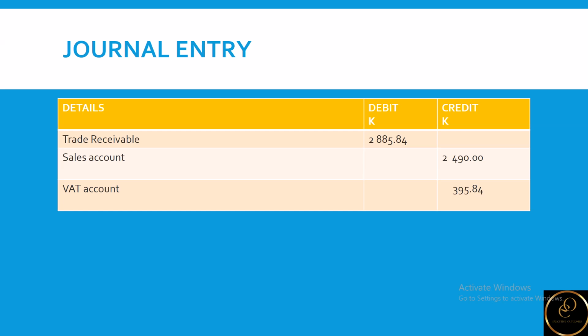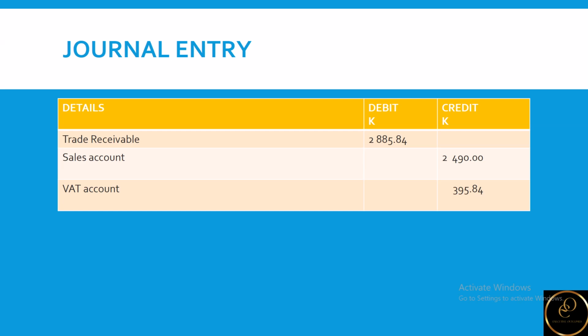So the journal entry is going to give us which account is to be credited and which account to be debited. So in this case, we are going to debit trade receivables with 2,885 kwacha 84 ngwe. What of the corresponding credit? The corresponding credit will be split between what is the revenue for the business, that is going to the sales account.